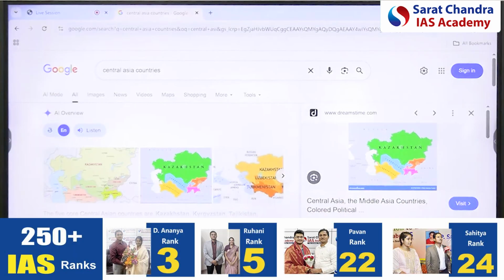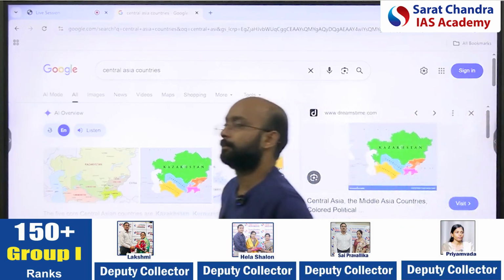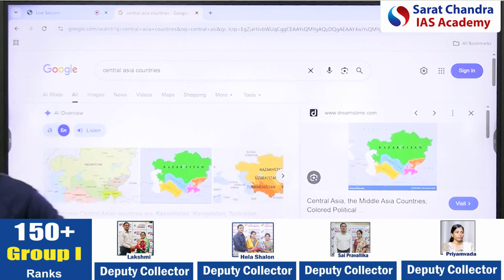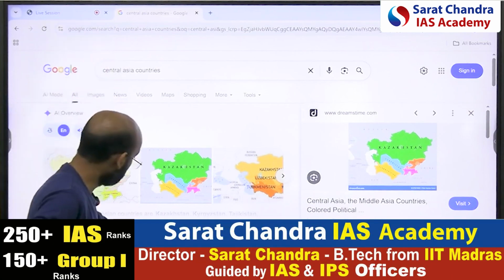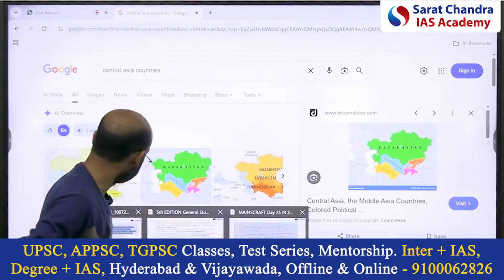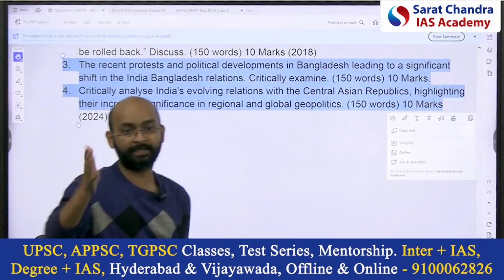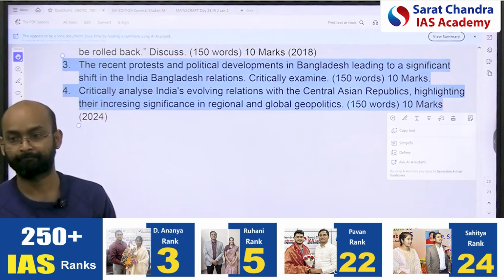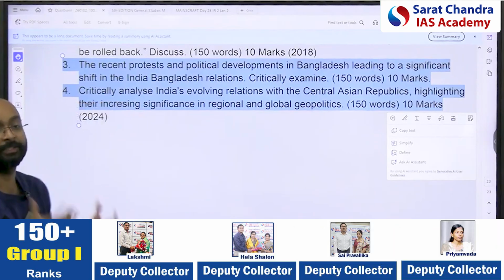If you remember, I told you about SWOT analysis. Whenever you talk about threats or weaknesses in any relation, currently it is the threat. The current question is about the threat: because of the political development. The opposite of threat is opportunity. Whenever you see some threat, you see the opportunity.